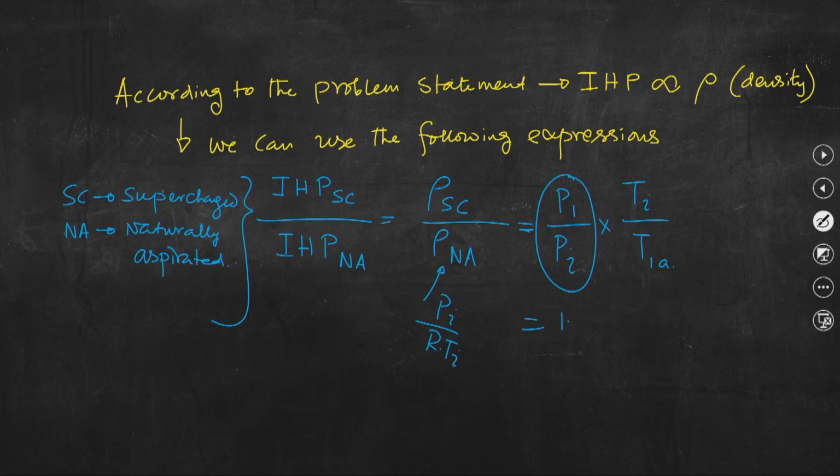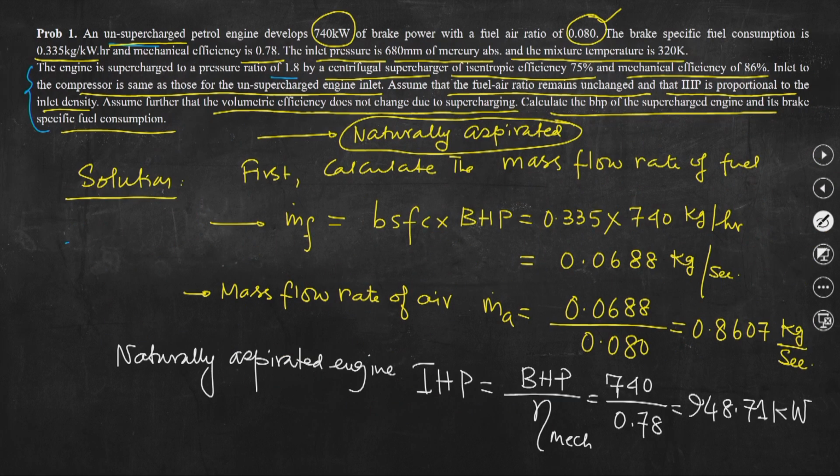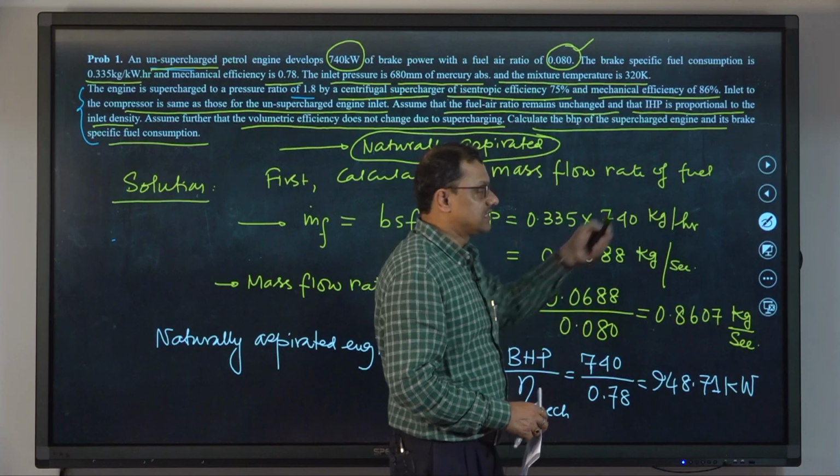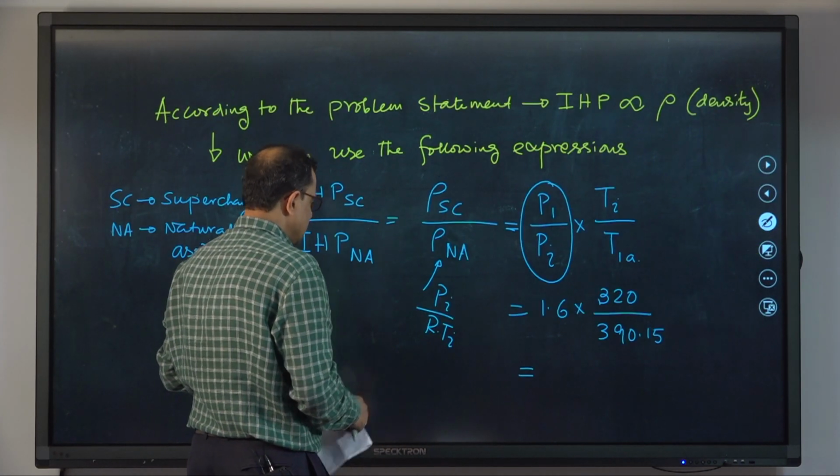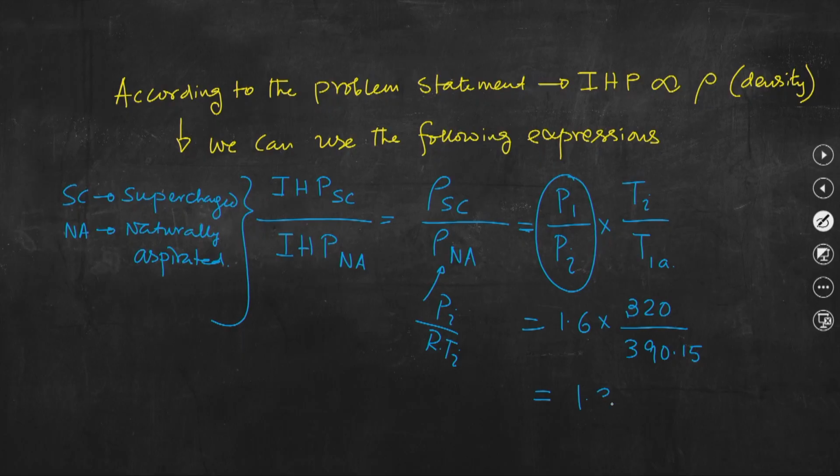So, this is essentially 1.6 into Ti equal to 320 divided by the actual, that we are getting 390.15, and if we calculate, that is essentially the pressure ratio that we want using the supercharger, or that is compressor. Had we not used the supercharging unit, the temperature would have been 320, that is what is given in the problem statement: 320 K mixture inlet temperature. Okay. So, if we calculate it, it is coming as 1.312.